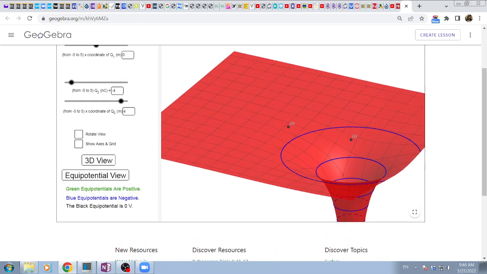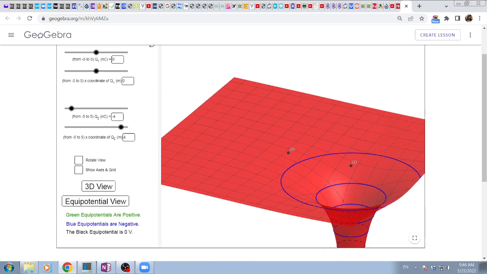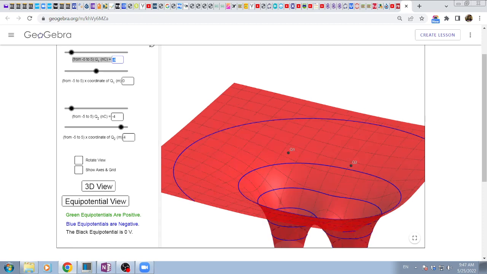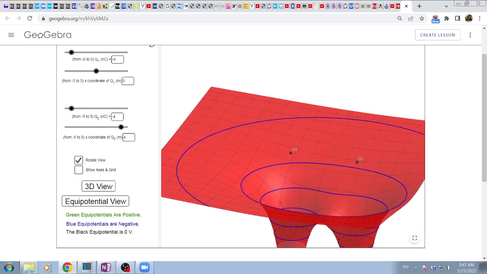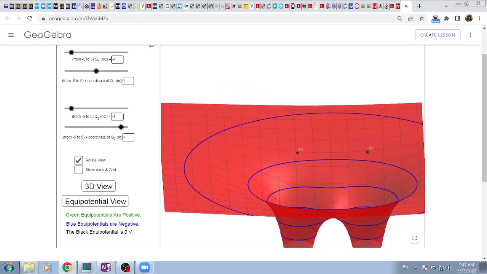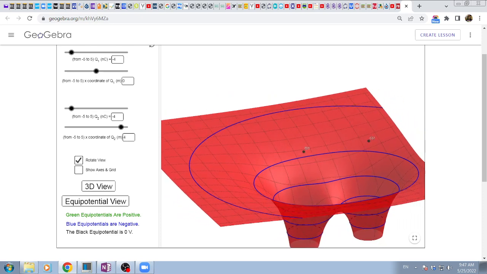If you put another charge here, let's put another negative charge, same, this 0, that's -4. How beautiful.